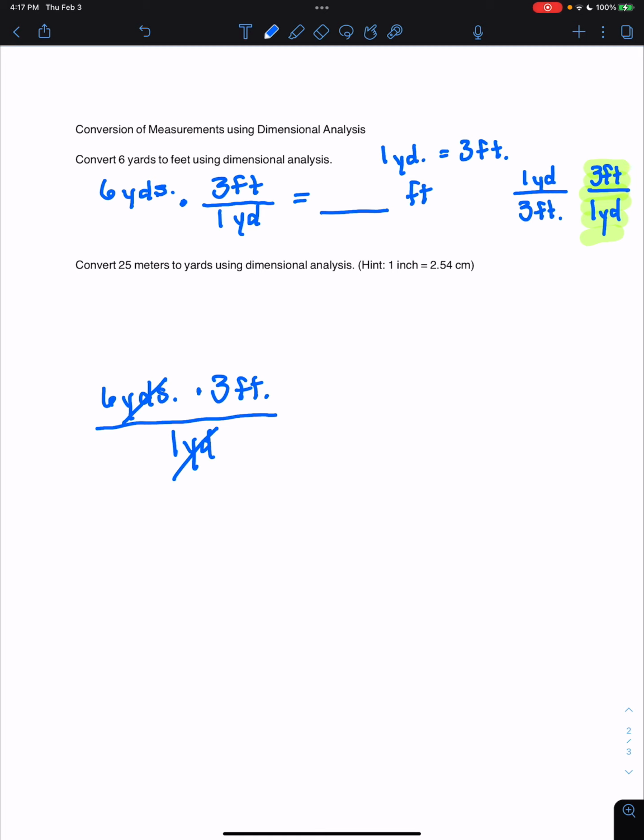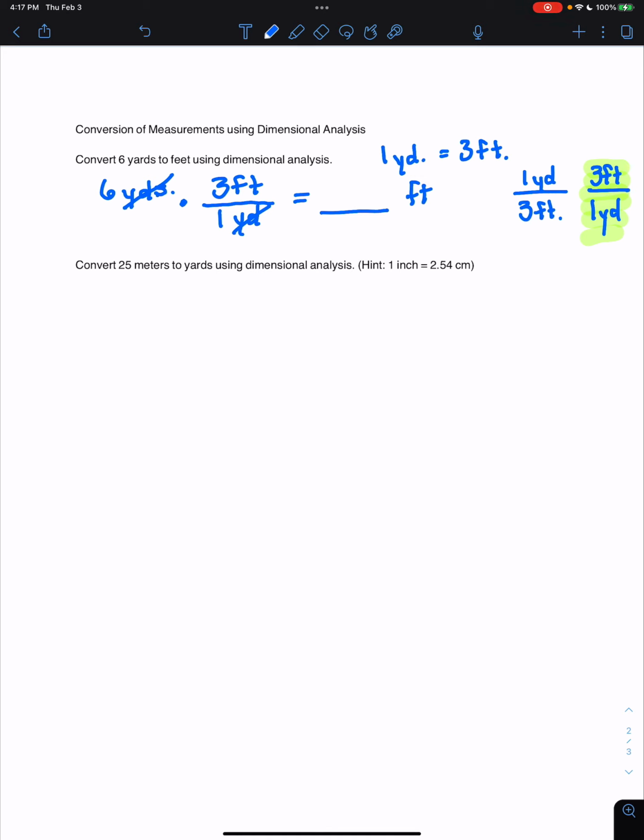So we're going to get rid of our yards because they make a 1. They are top and a bottom of a fraction. And now we can just multiply across the top, multiply across the bottom, and simplify if we need to.